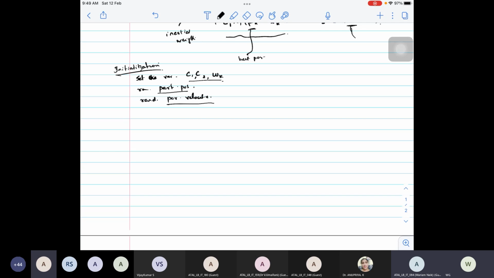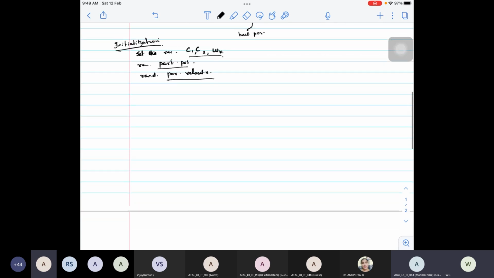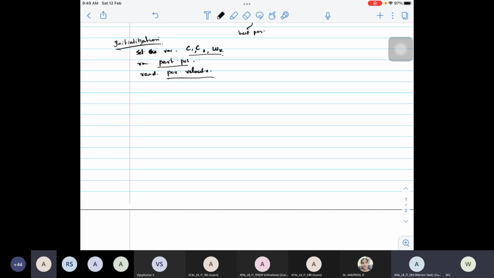Then you go on to iterate, which is to find out the fitness function of each particle at each position, and then keep on updating all the particle velocities and all the particle positions, and you keep on iterating for all particles and several number of iterations.